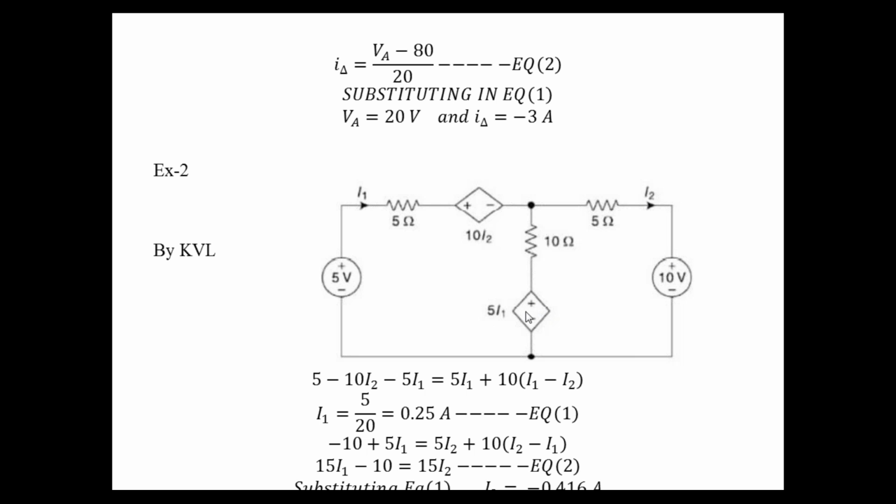The second dependent source is 5I1, where I1 depends on this branch current. As we have two dependent sources here, let us solve the circuit by using KVL analysis. For KVL analysis, the first step is to assume the loops and write the loop equations.